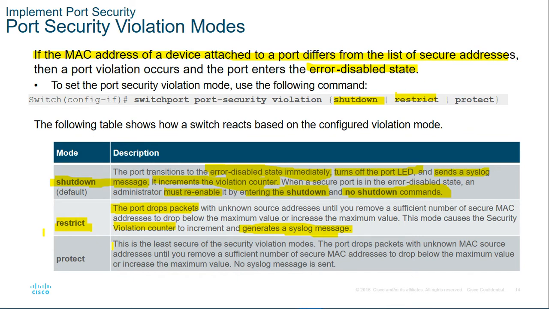The port drops the packets with unknown source MAC addresses, and it will not send any syslog message and will not count how many times the violation occurred. It drops packets until you remove a sufficient number of secure MAC addresses to drop below the maximum value, or increase the maximum value.